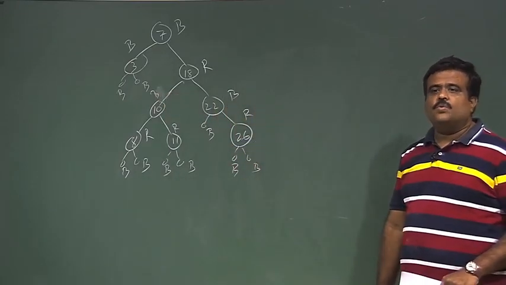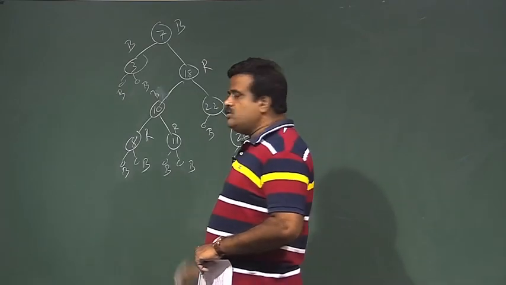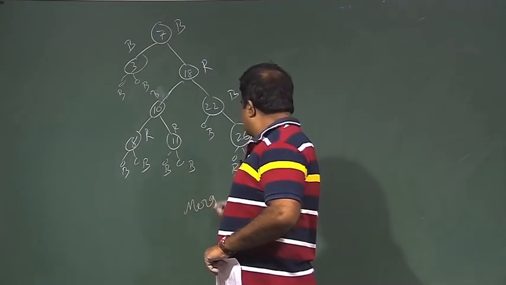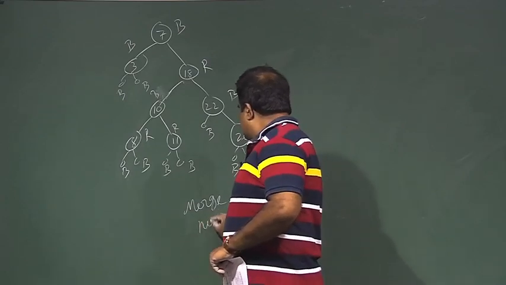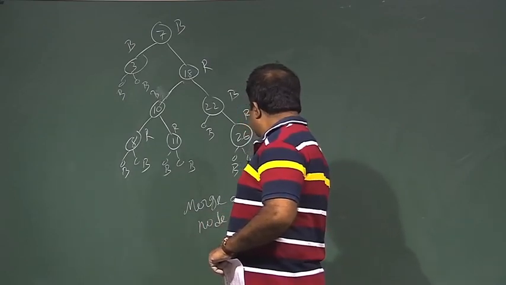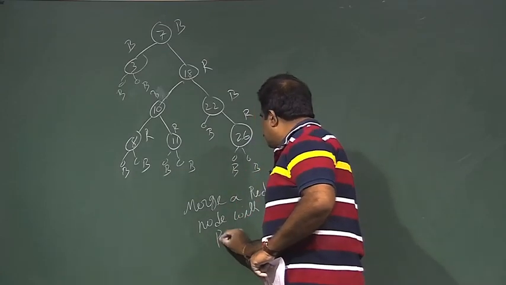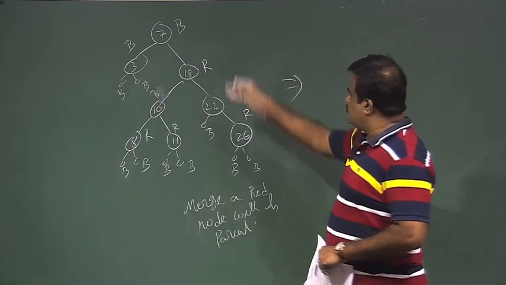Now we want to remove the red node. So to remove it, what do we do? We know if a node is red, its parent is black. So we merge a red node with its parent, because we know the parent is black. Okay, so this is our original tree.